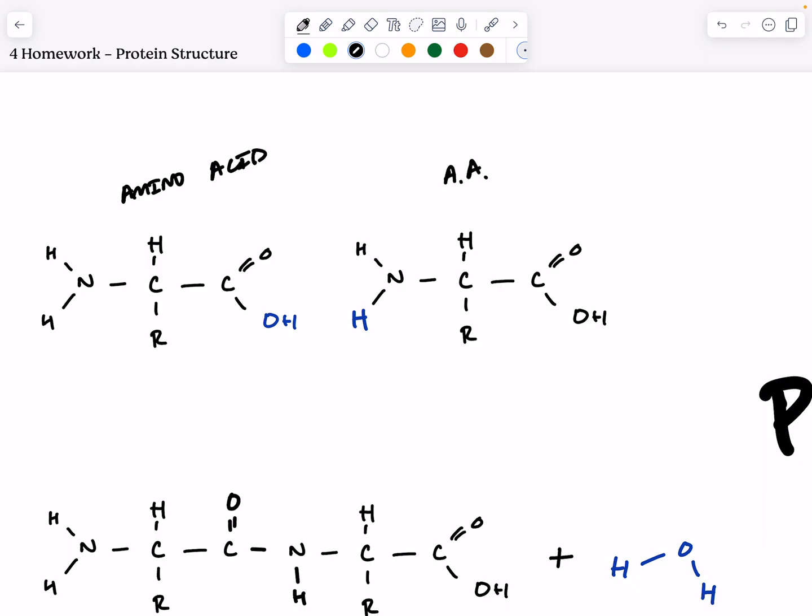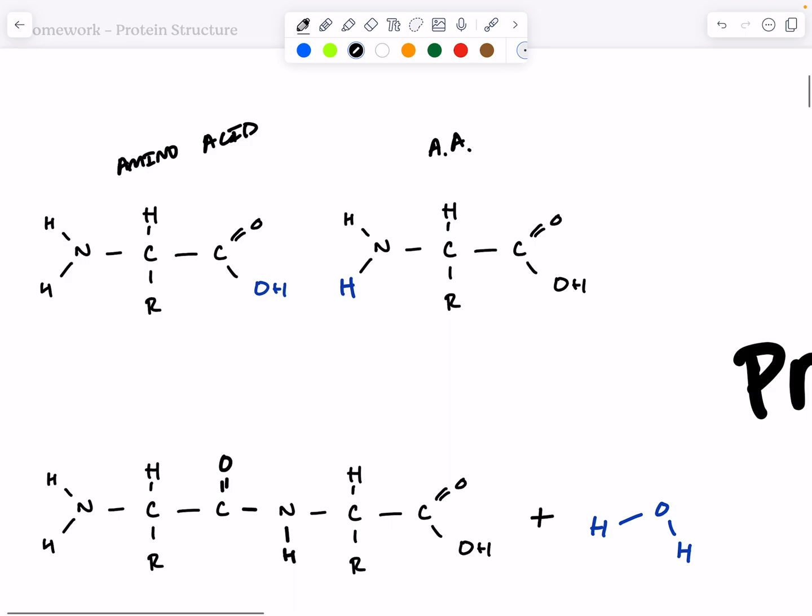And when they join together, it's through a dehydration synthesis reaction where the OH group on the carboxyl binds with a hydrogen on the amino group of the next. And obviously, this makes 2 H's and an O, which is water. So this is a dehydration synthesis reaction when these 2 amino acids come together.